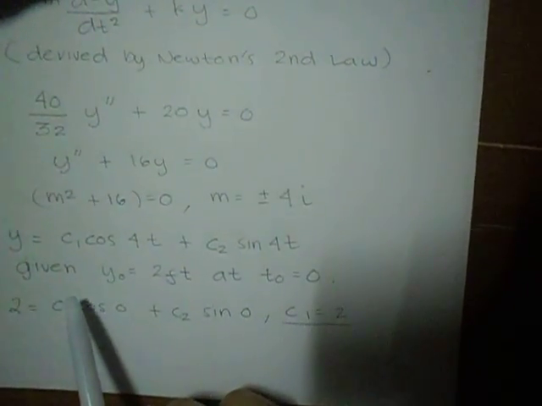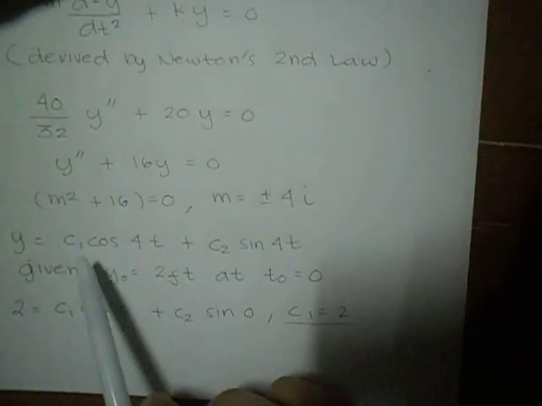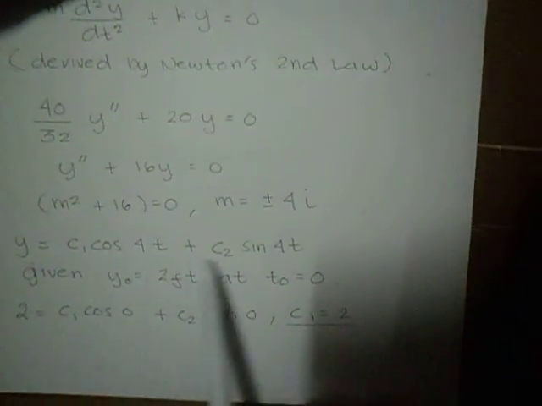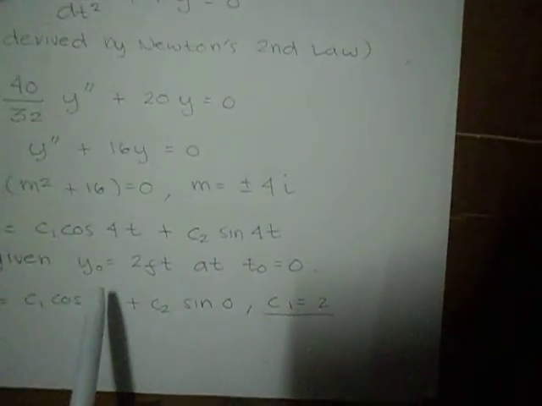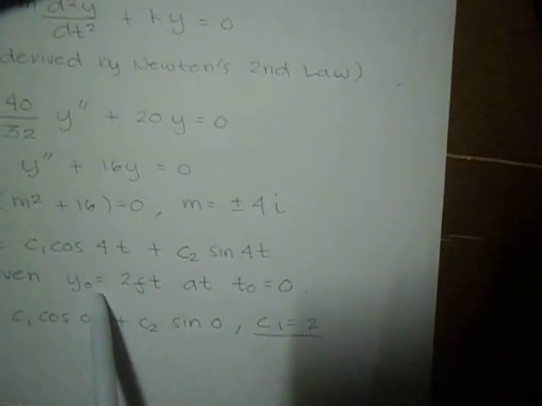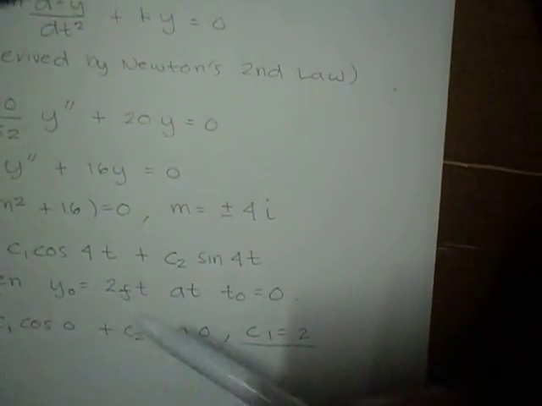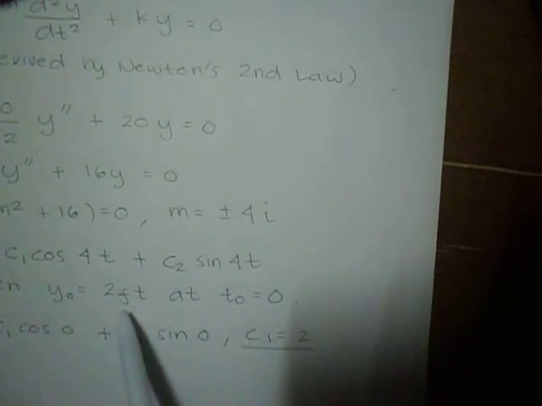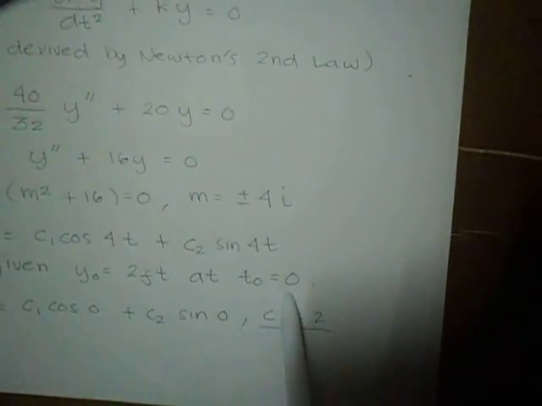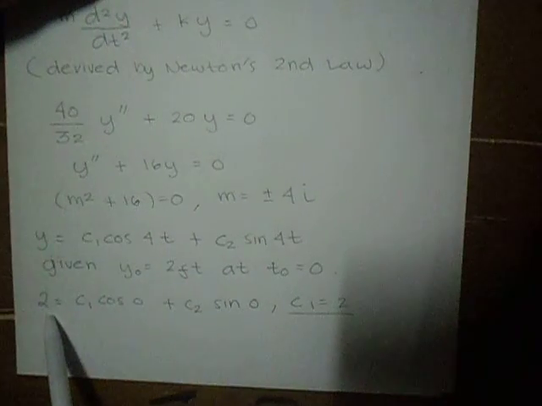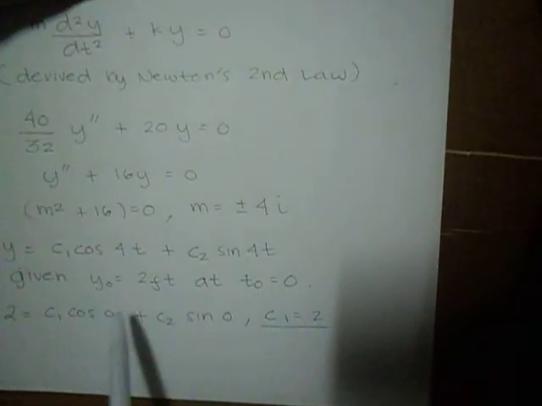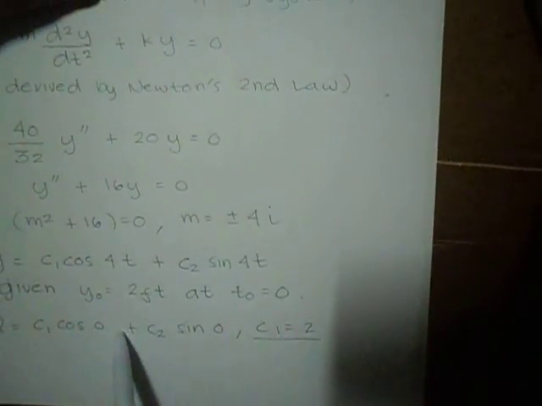And you can solve for the constants c1 and c2 using your initial conditions. The initial length at t is equal to 0 is 2 feet, so you can plug in 2 feet here, and you can plug in time as 0.